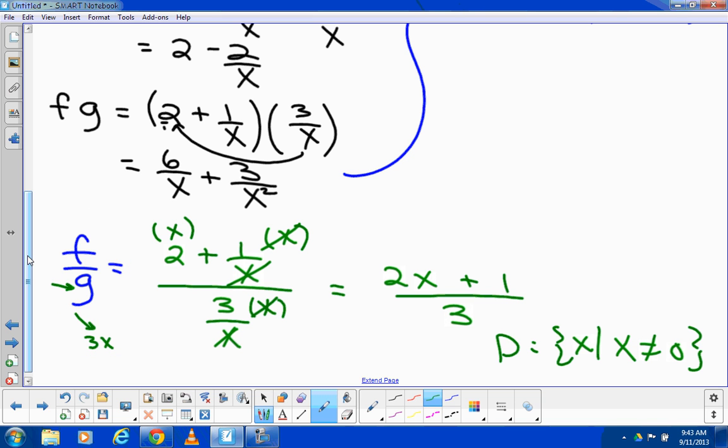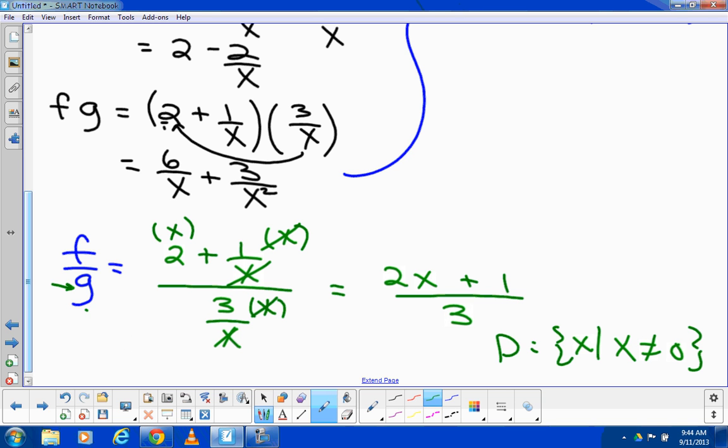What if G was X minus 3? We'd have had X cannot equal 0 or 3. So it's always going to be X cannot be 0 and whatever else, depending on what G is. So it didn't really add anything to the problem.